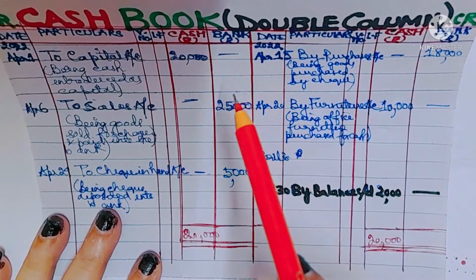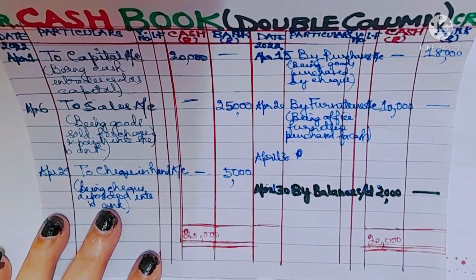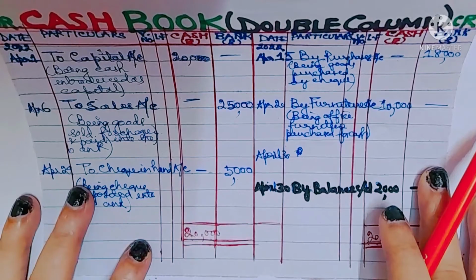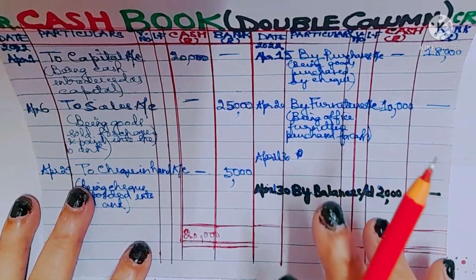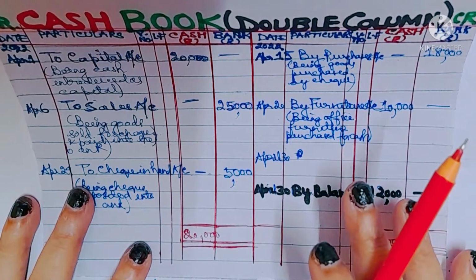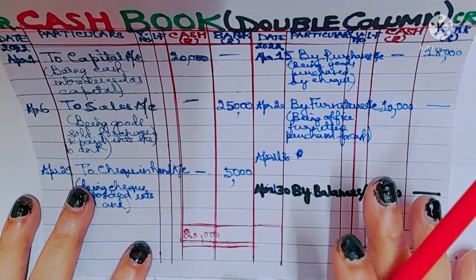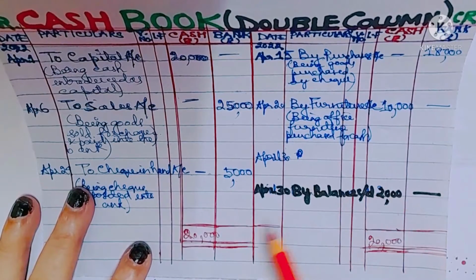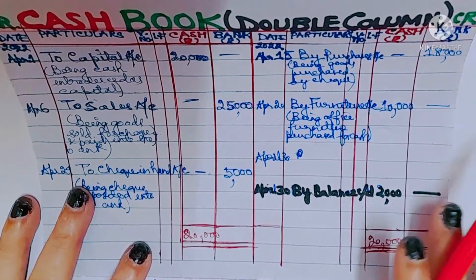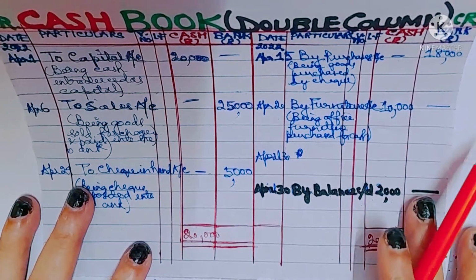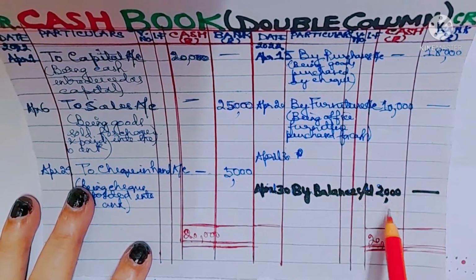This extra money will have to be deposited into the bank. Okay, understood? Once again, by balance c/d closing cash 2,000 has to be kept, it's in the problem.